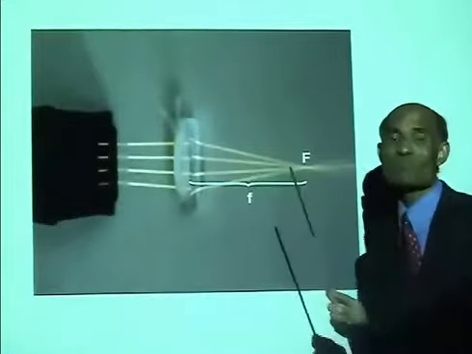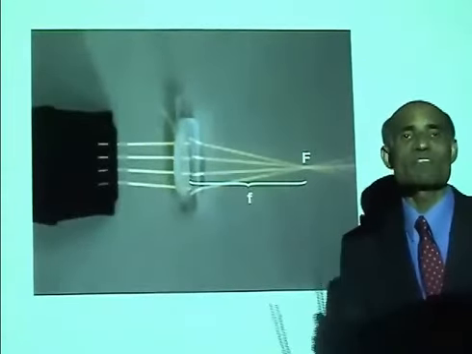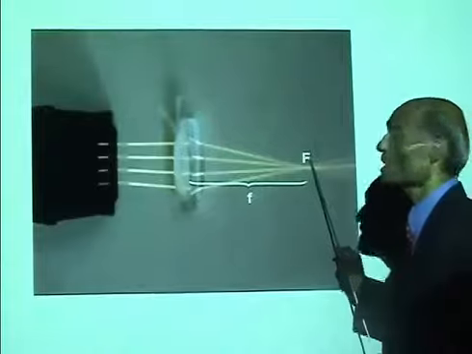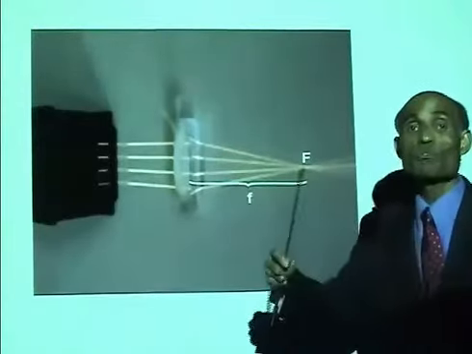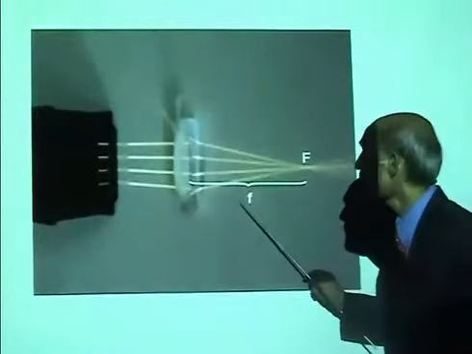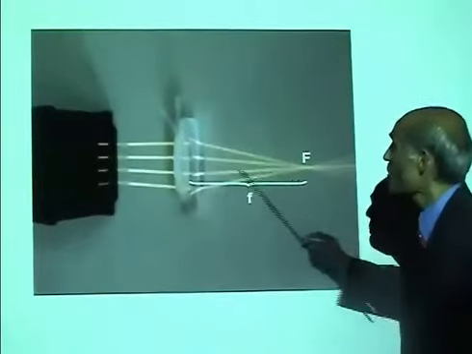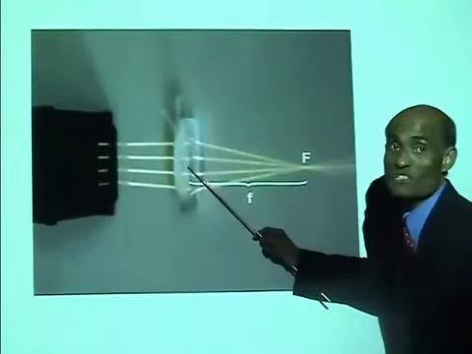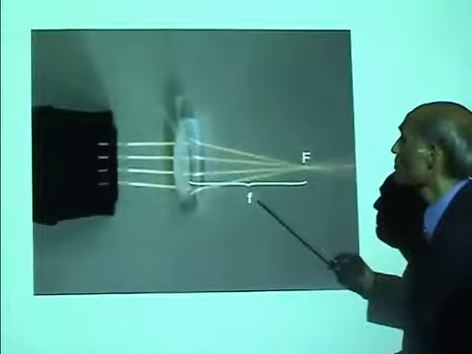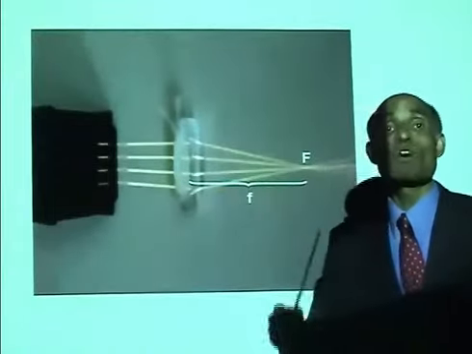We will represent that by the lowercase f. The uppercase F is the point called the principal focus. The lowercase f is the distance from the center of the lens to the principal focus, and we call it the focal length.